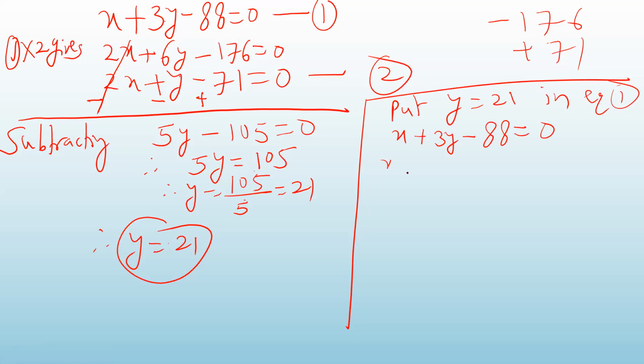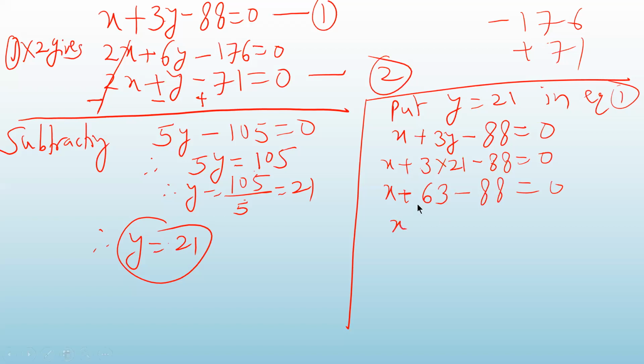So that is x plus 3 into 21, which is 63, minus 88 equal to 0.